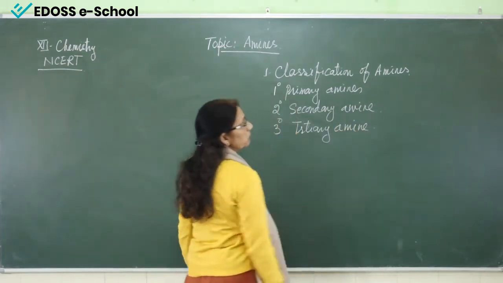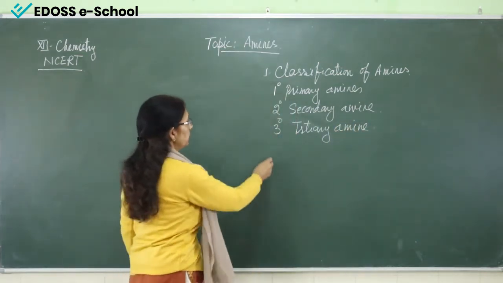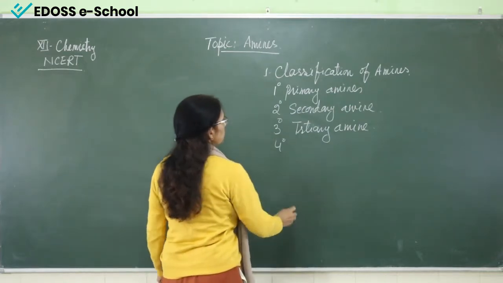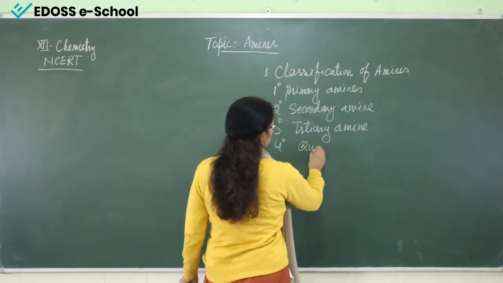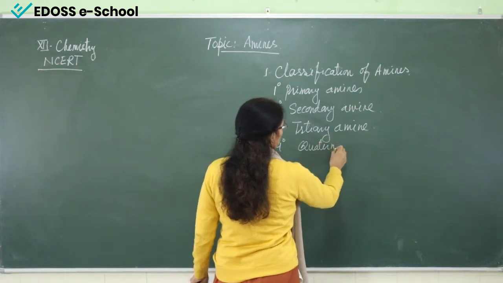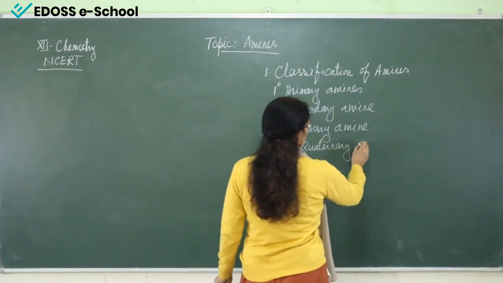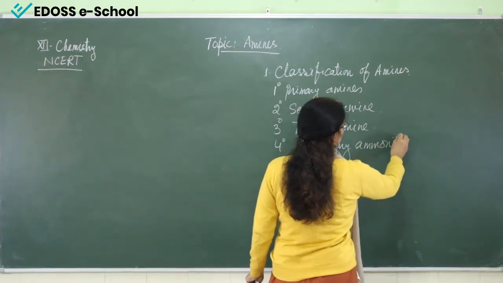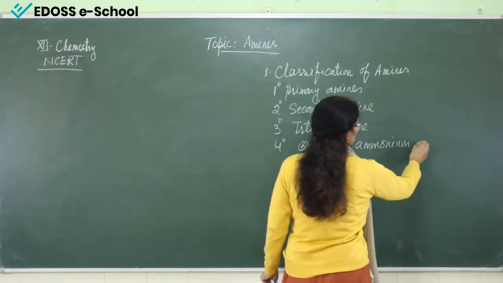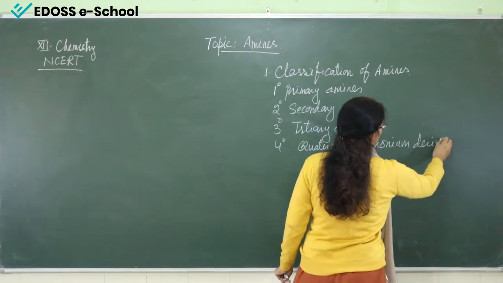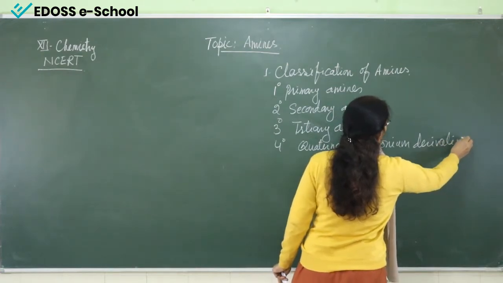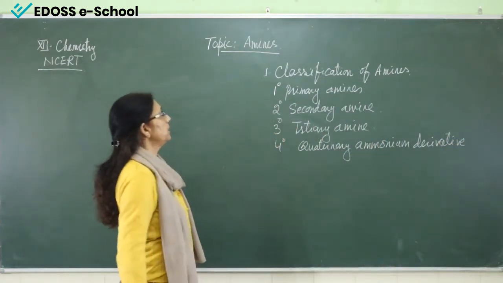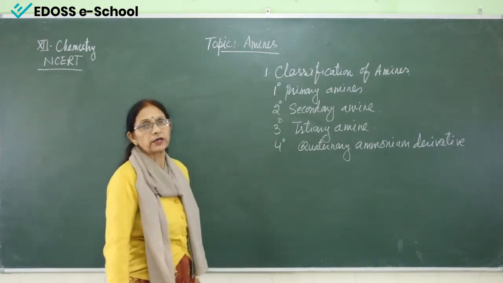And there is one more form, 4 degree, which we can call quaternary ammonium derivatives, an ammonium derivative or salt. So these are primary, secondary, tertiary and quaternary amines.